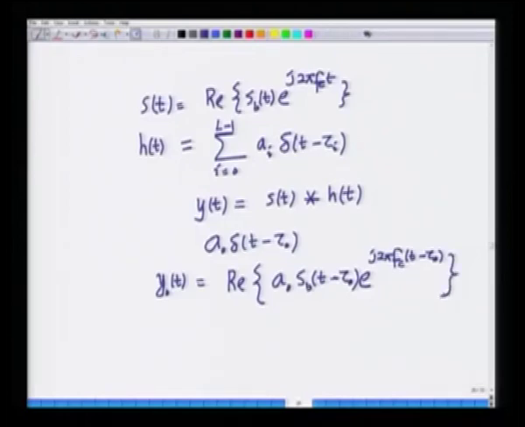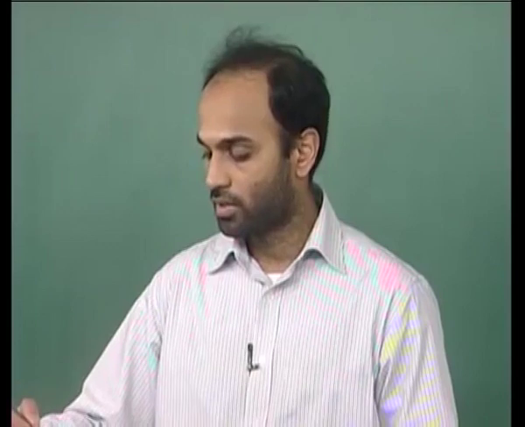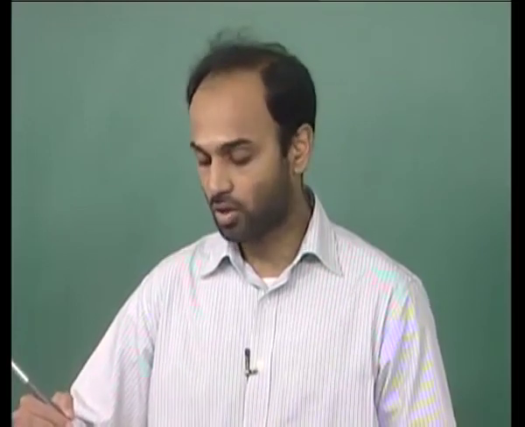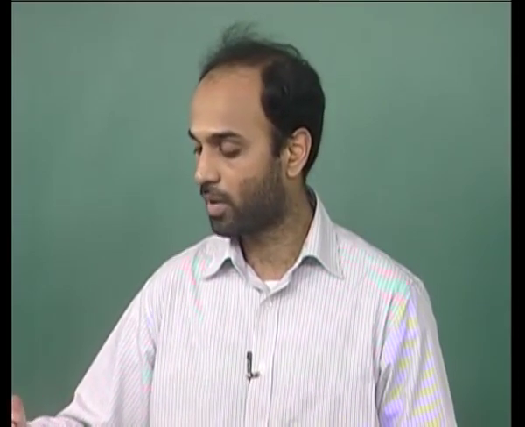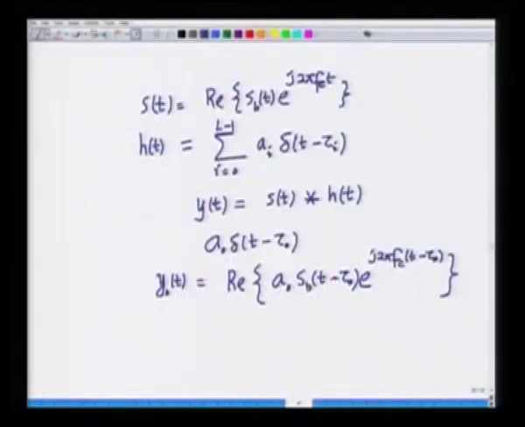All right, let me repeat this argument again, because things are starting to get a little bit complex. We are building on these notions. Corresponding to the 0th component, we have the received signal y_0(t), which is the real part of a_0 s_b(t minus tau_0) e to the power of j 2 pi f_c (t minus tau_0), that is, the carrier delayed by tau_0.